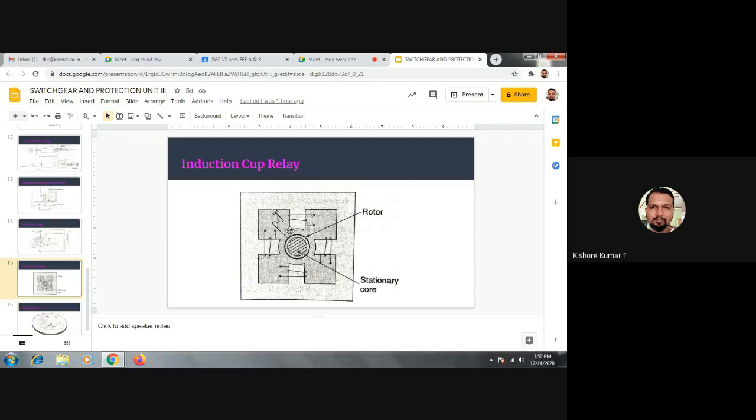While rotating, the moving contact will come in touch with the fixed contact, due to which the trip coil circuit gets energized. At the axis of this cup there will be a spring connected, and after the fault, the cup will rotate in anti-clockwise direction. So this is what happens in induction relays.